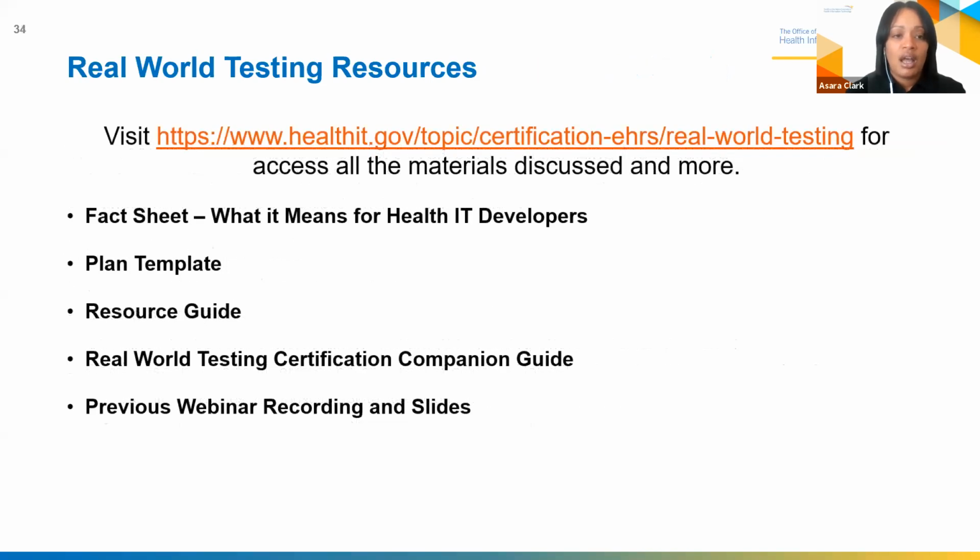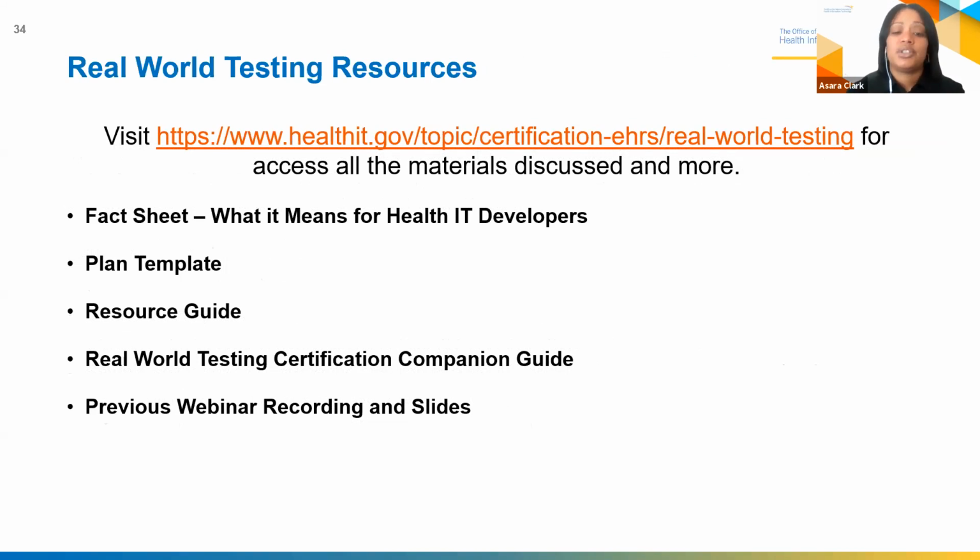And then, as you know, for real-world testing we have other resources, a fact sheet that was released earlier this year in February. This is the link to our real-world testing webpage where you can find all these resources. The fact sheet is a great high-level snapshot of what it means for health IT developers. We have the plan template that I went over on today's webinar. We have the resource guide I just went over.